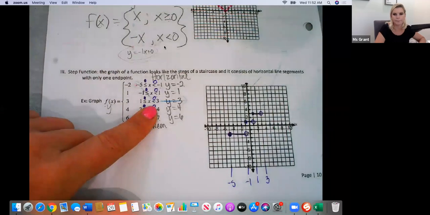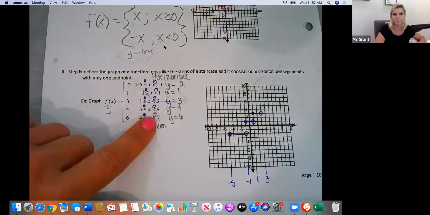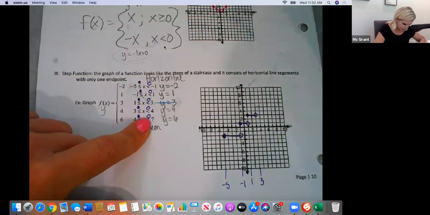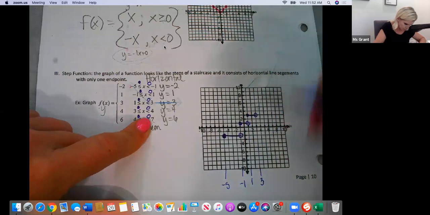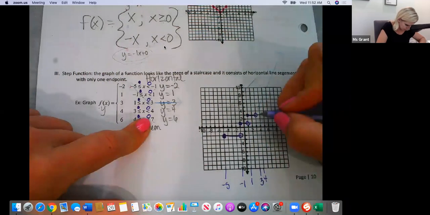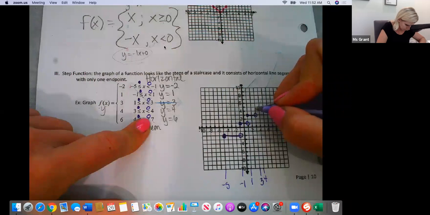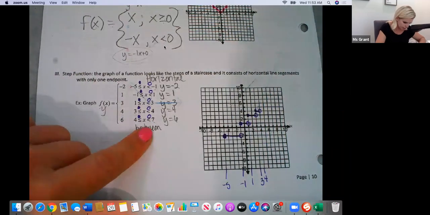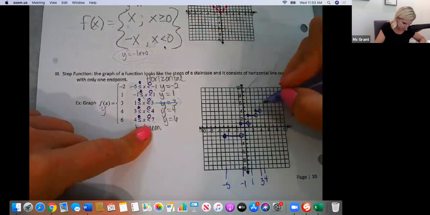Between 3 and 4. Closed circle at 3. Oh, this is super close together. Any questions so far as I keep going? 6.